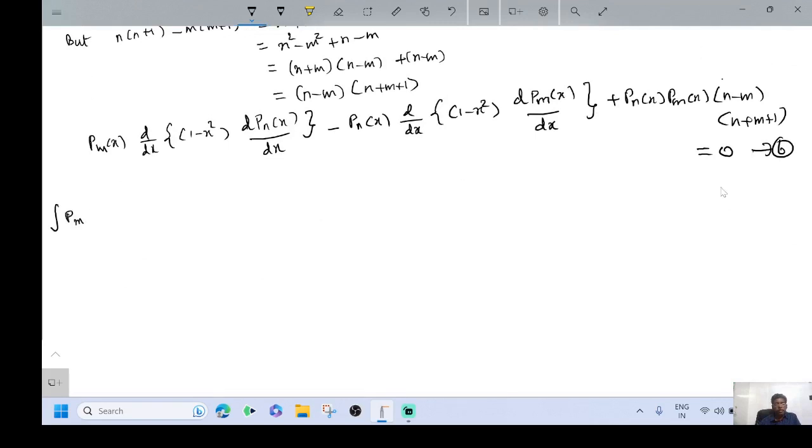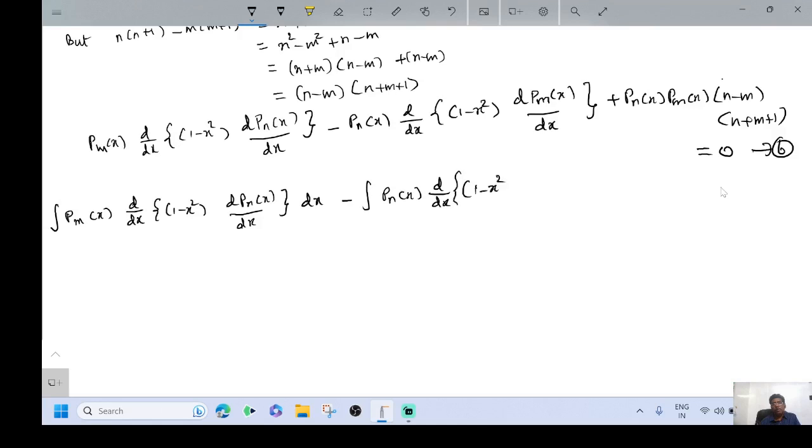Integral Pm of x d by dx of (1 minus x square) dPn of x divided by dx into dx, minus integral Pn of x d by dx of (1 minus x square) dPm of x divided by dx into dx, plus (n minus m) into (n plus 1) integral Pn of x Pm of x into dx equal to 0.